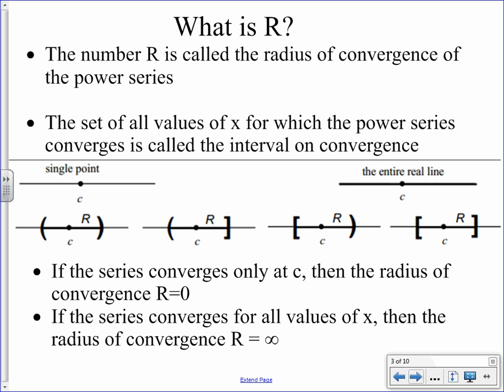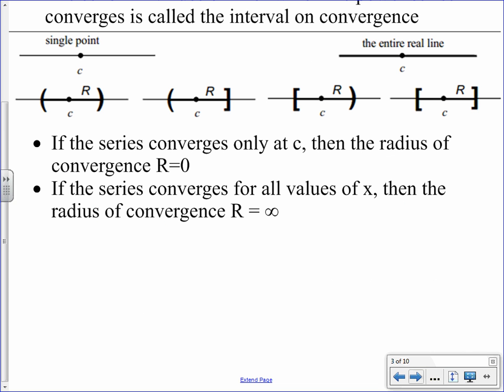Infinity. And we're actually going to find the radius of convergence by taking a limit. So you're either going to get a number, 0, or infinity. Those are the only types of limits that we're going to find. And if we get a finite number, that's our radius to go on each side of the center.